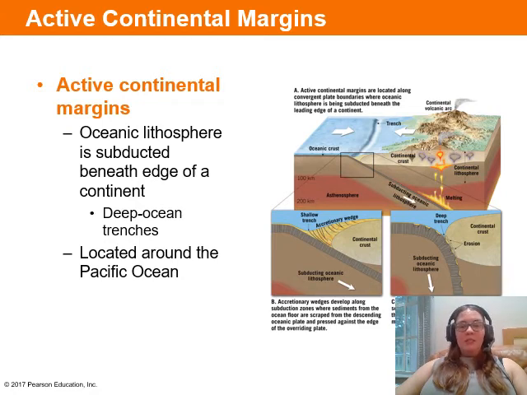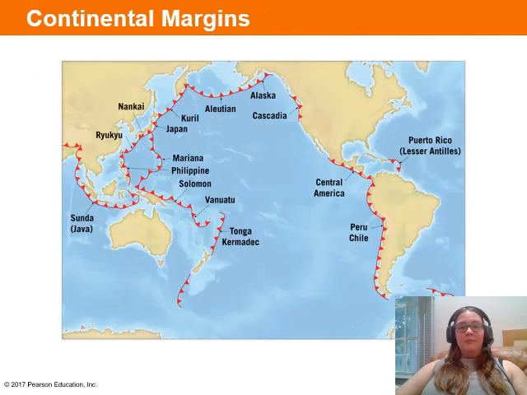And that's because the Pacific plate is surrounded by these convergent boundaries. This is another reason why we see so many volcanic eruptions and earthquakes happening around the Pacific Ocean. We have active tectonic movement in these areas. So this map is just showing us locations around the world where we see our active continental margins, which are shown here with these red triangles.